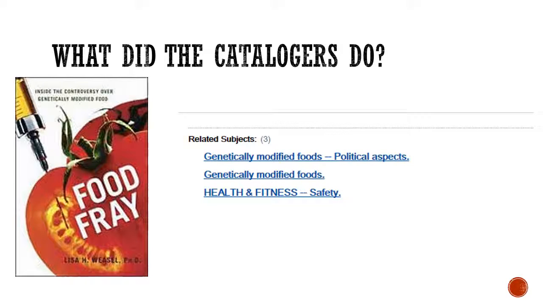But they use the general topic as well, genetically modified foods. In class, I will explain health and fitness-safety because it's kind of an interesting story. So in WorldCat, when I looked at the record for this book, these are the topic headings that were assigned to this particular book.